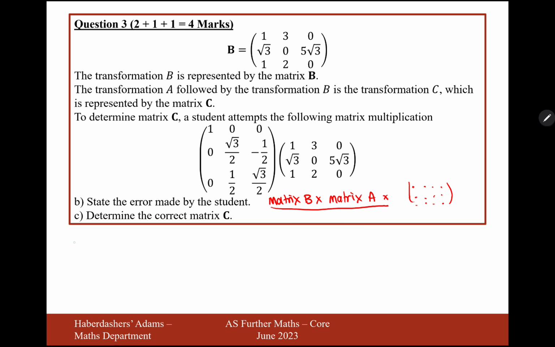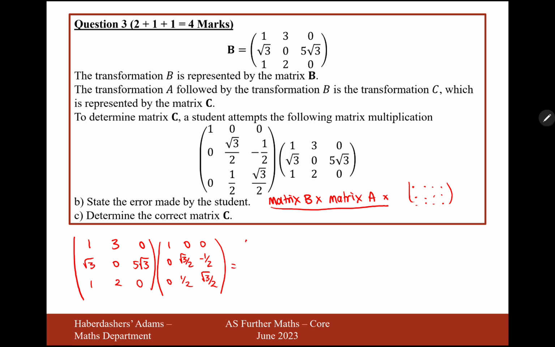Determine the correct matrix C. Okay then, so we're going to have to multiply matrix B by matrix A. We check this on the calculator afterwards. 1, 0, 0, 0, root 3 over 2, minus a half, 0, a half, root 3 over 2.